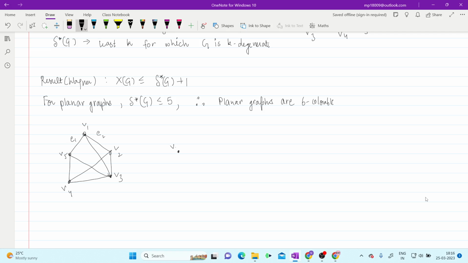So all the edges which were going from v1 or v5 will now go from v1, and this edge will be contracted, it will become one vertex. So now the new graph will be this.